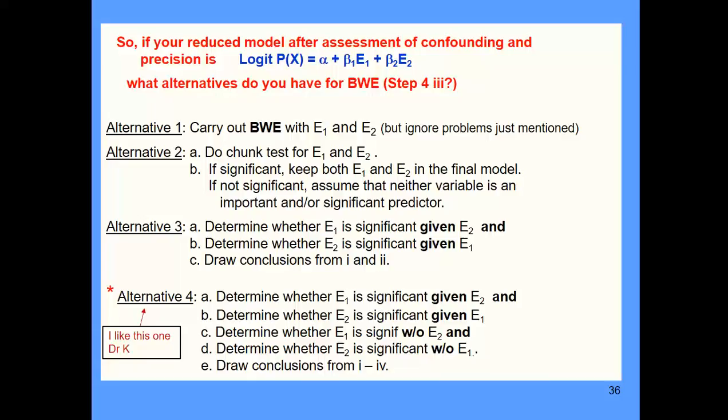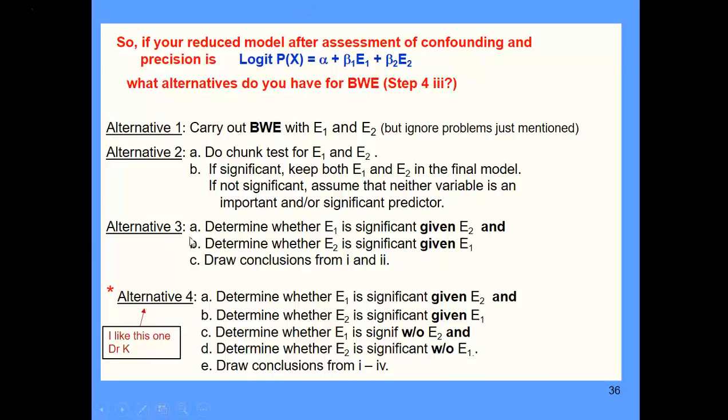And if it's not significant, you drop them. That's something we talked about when we talked about the chunk test. If it's not significant, you might say, well, I don't need anything in there. If it is significant, I'll keep them both in there. But that doesn't allow you to look at the individual ones and what they do. So that's a flaw in alternative 2.